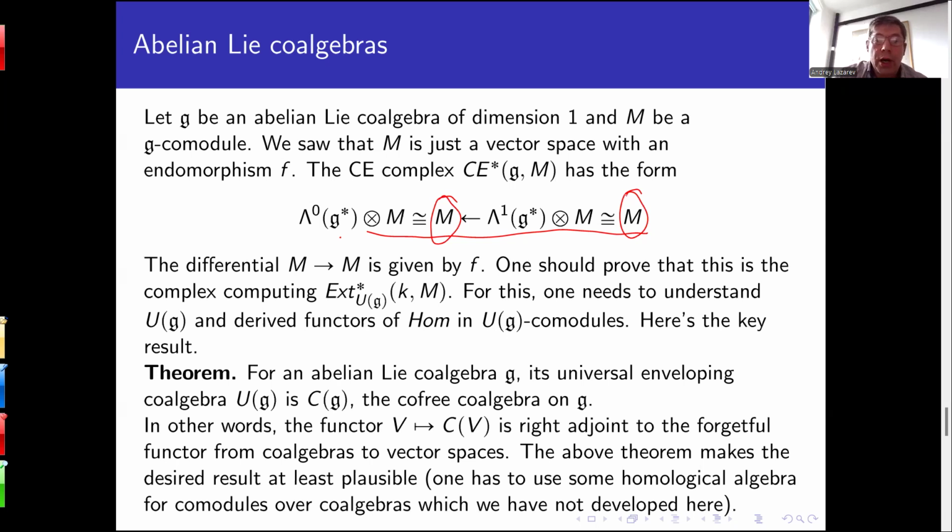One could also prove that this is also the complex which computes the Ext in the category of comodules over the corresponding universal enveloping algebra from K into N. For this, one needs to understand the universal enveloping algebra of this abelian Lie coalgebra, and how to compute the derived functor of Hom in these comodules.